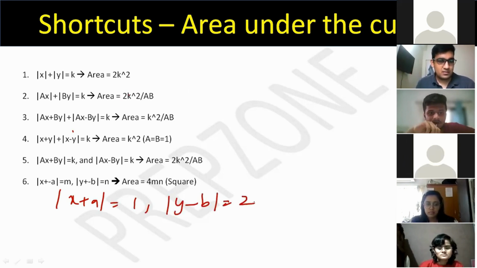Last one. Which form is this? The last form, sir. Last one, right? Yeah. So what is the area? Just m into n. Yeah, 4 mm. Yeah. So what will be the answer? It will be 8. It will be 8, right?